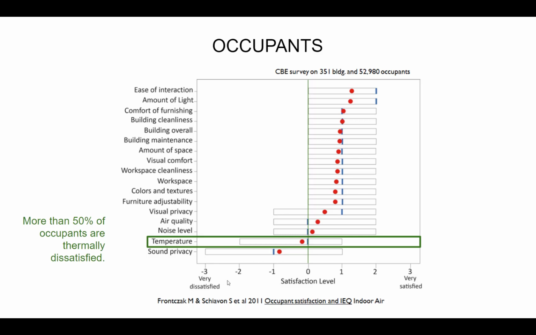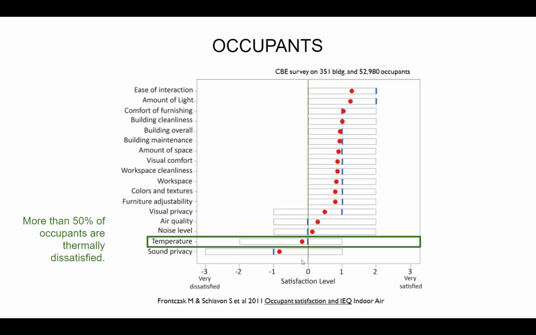They report themselves being very dissatisfied with the temperature of their buildings. And granted, we do have maybe something like 25% of the people that are at least better than a satisfaction level of 1. But still, more than 50% of occupants being thermally dissatisfied. This is far from what our lofty goals are with PMV and getting below 10%. Clearly, we're not meeting the goals, and clearly there's a lot that the industry has to do to improve thermal comfort in our buildings.